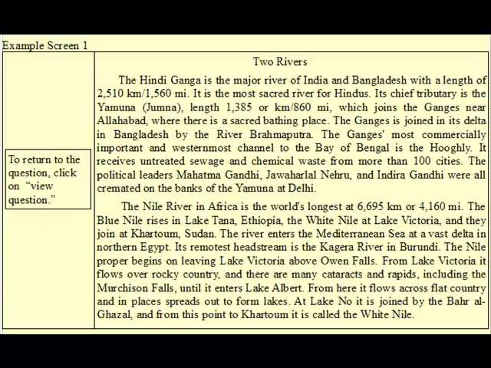The passage also states that the Nile River in Africa is the world's longest river at 6,695 kilometers. Its remotest headstream is the Kagera River in Burundi. It flows over rocky country, and there are many cataracts and rapids, and from here it flows across flat country and in places spreads out to form lakes.